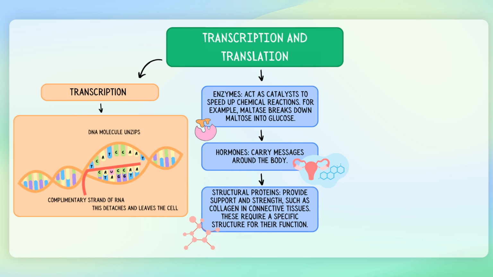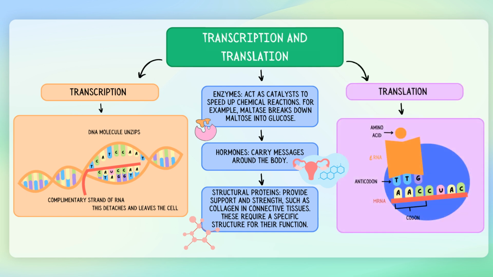This mRNA then travels to the ribosome in the cytoplasm. In translation, the mRNA is read by the ribosome in codons, with each codon specifying an amino acid. Transfer RNA, tRNA, brings the correct amino acids to form a polypeptide chain, which folds into a functional protein. This lesson emphasized how genetic information is transferred from DNA to proteins, highlighting DNA's crucial role in inheritance and diversity.